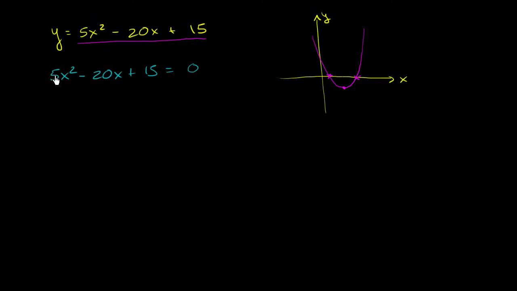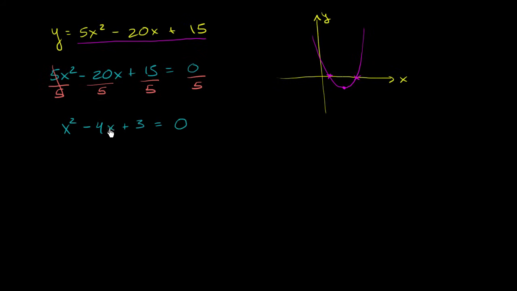And it does look like every term here is divisible by 5, so I will divide both sides of this equation by 5. And so these cancel out, and I am left with x squared minus 20 over 5 is 4x, plus 15 over 5 is 3, is equal to 0 over 5, which is just 0.